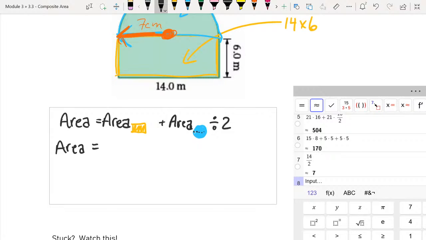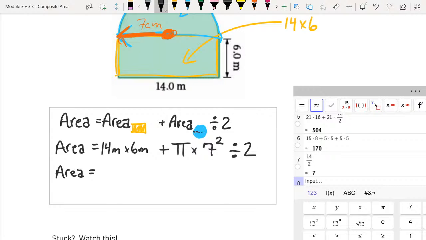Well, the rectangle is easy, it's just 14 by 6, so we'd say 14 meters by 6 meters. And then, if you remember, for a circle, to find the area, we did pi times the radius squared. And the radius in this case is 7, and we're going to square it. And then, because we only have half a circle, we're going to divide by 2.